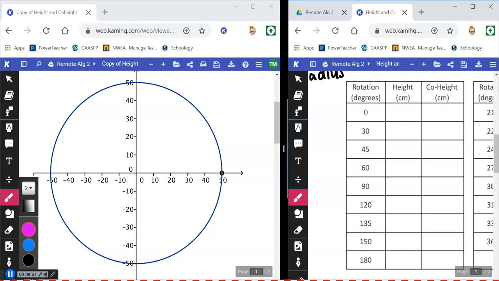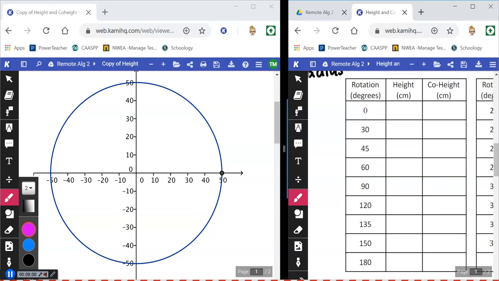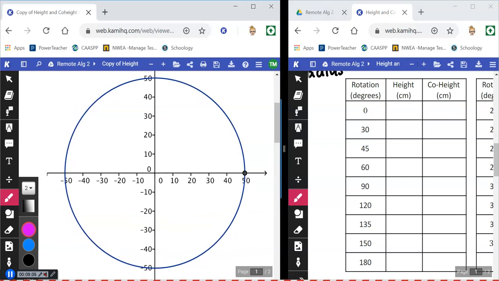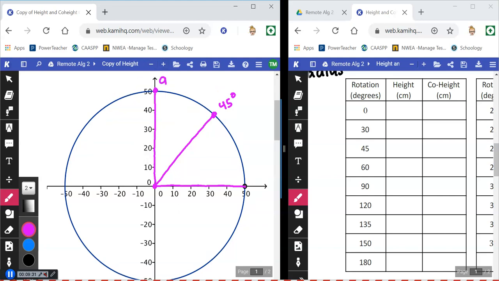So the first thing I would like to do is go through and mark all these angles. For example, halfway through this coordinate plane would be 45 degrees, and then an angle created between the x and the y axis right here would be 90 degrees.